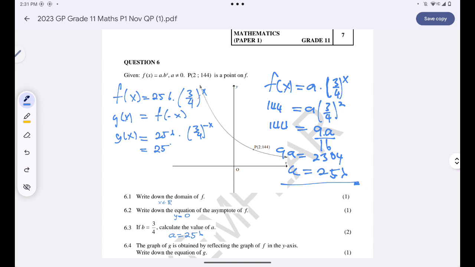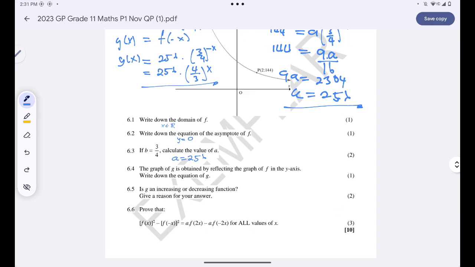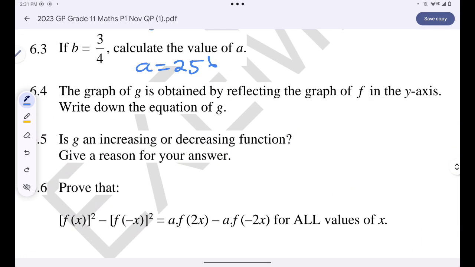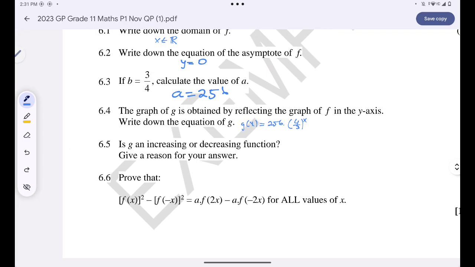This can be written as 256. To make our exponent positive, we can just flip the number that is inside the bracket. This will be 4 over 3 to the power x. And then that will be the equation of g. g of x is simply 256 multiplied by 4 over 3 to the power x.